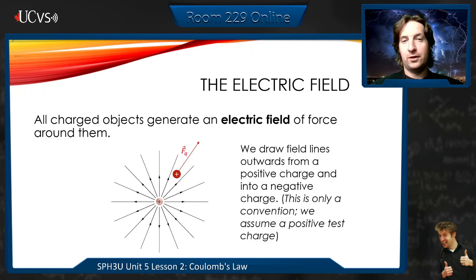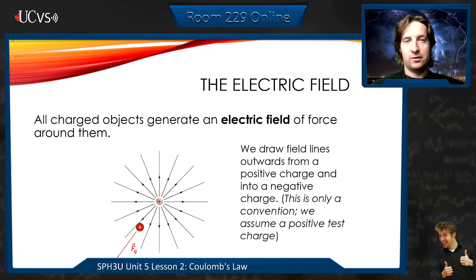We're going to call this FQ. The Q we're going to represent as a charge; the symbol Q means charge. So there's going to be this force pushing outwards at this point. Now, if I move this positive test charge somewhere else, let's say I slide it all the way over here, there's still going to be a force pushing away, but it's going to be in a new direction.